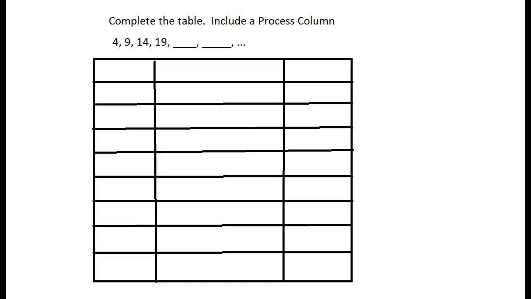In this video, we are going to look at a number pattern to complete a table, and we're told to include a process column. I have room in the middle here for my process column.